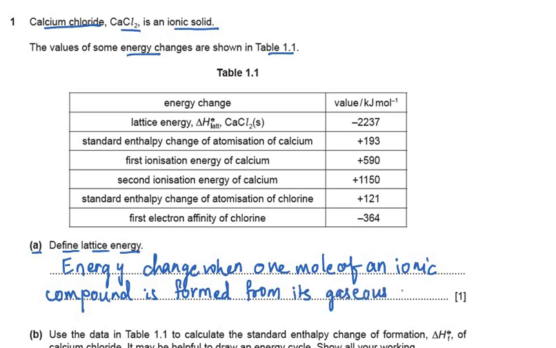So that's the energy change which is called lattice energy. Here it carries only 1 mark, so we need to be specific in one sentence. Now let's go ahead with the next question.